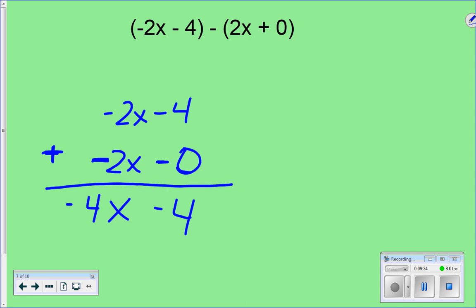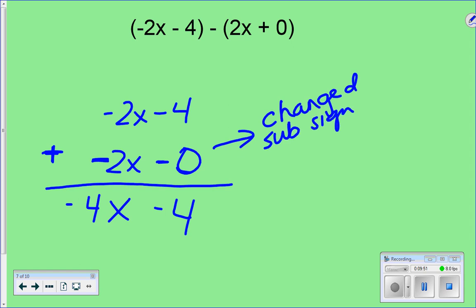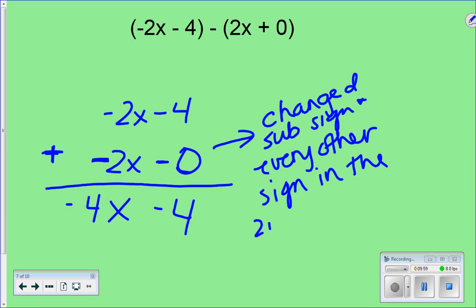If you're doing it the second way, where you're changing the signs, will you please write yourself a note in your notebook so when you come back to this, you can understand what you did. Say something about changed subtraction sign and every other sign in the second expression.